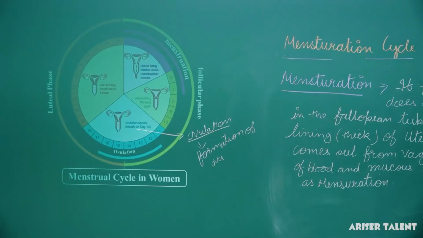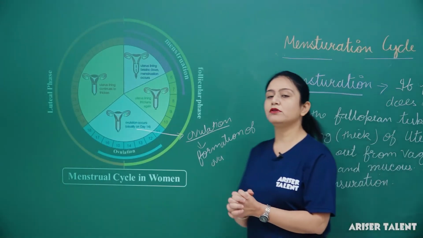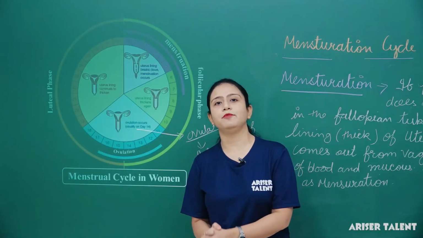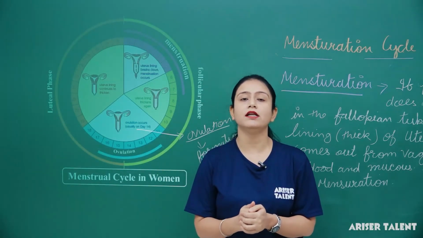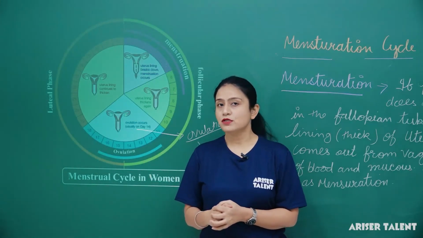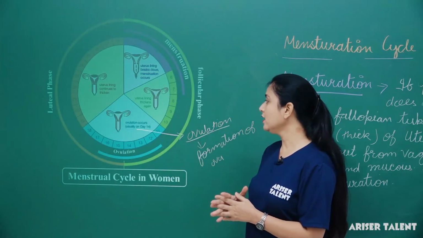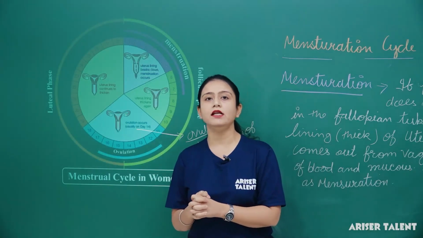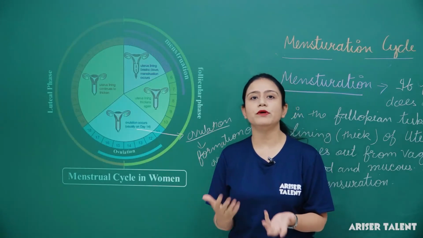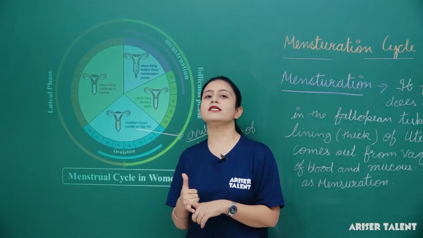In this lecture, I told you about the female reproductive system, and if fertilization does not take place, how the menstruation cycle occurs in the female. Let me tell you one more thing: the menstruation cycle is the beginning of puberty, and this is known as menarche.